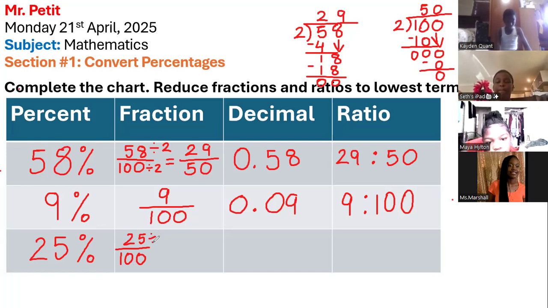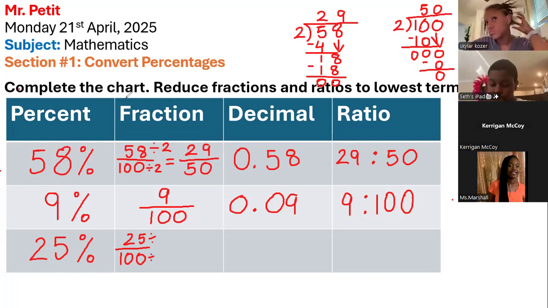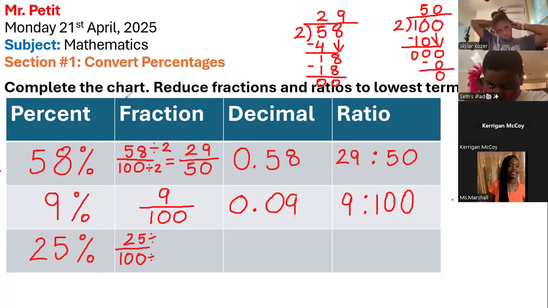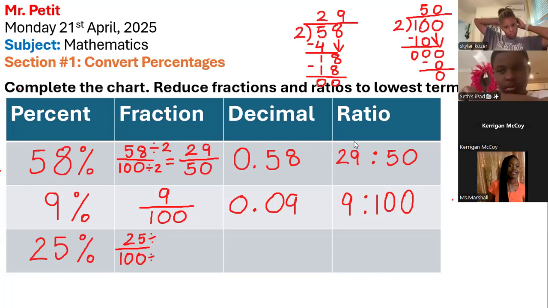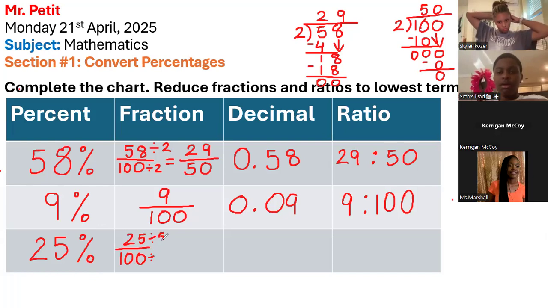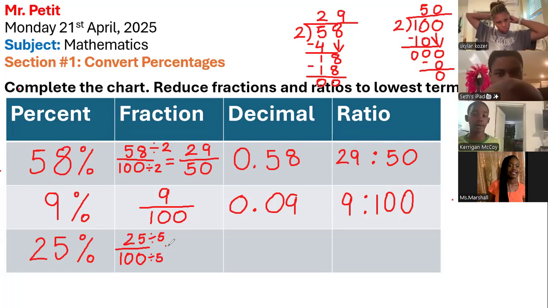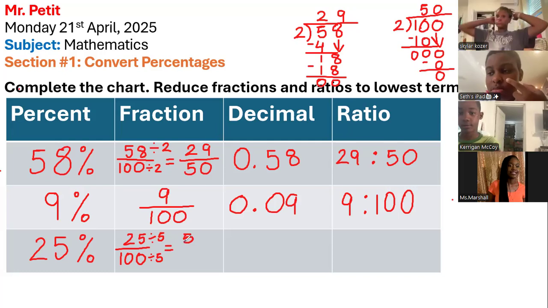So we're going to use 5 first, right? Kaden, make sure your mic is muted. What is 25 divided by 5? 25 divided by 5 is 5, very good.